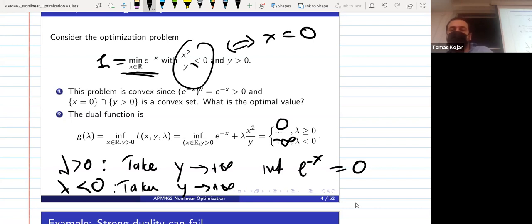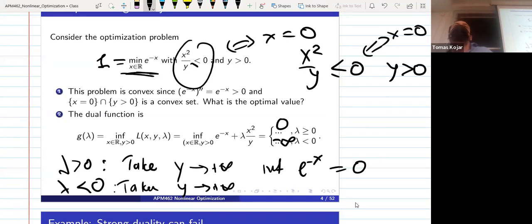The only way you can have x squared over y to be non-negative and y is positive is when x is identical to 0. So the feasible set is only 1 point. So you get e to the minus x is 1. Okay? Yet from here you get that the maximum of g(lambda) is 0. Okay?